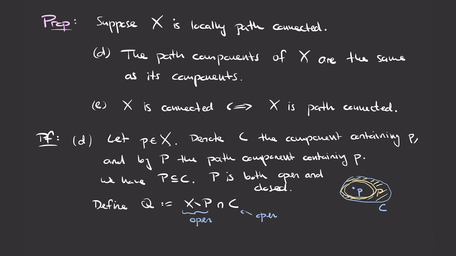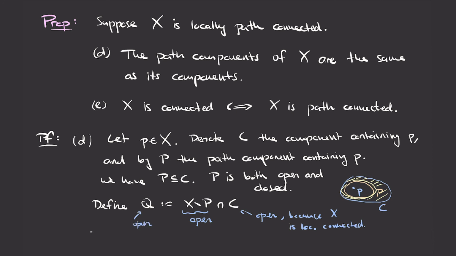Why is this? Well, C is a component of X, and we saw that components of locally connected spaces are open, and we know that X is locally path-connected, and we also know that being locally path-connected implies being locally connected. So this is open because X is locally connected. Therefore, Q is open.